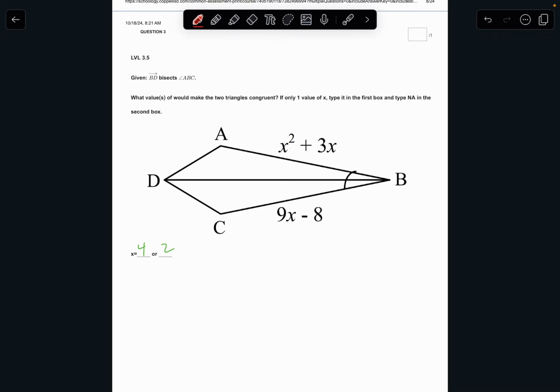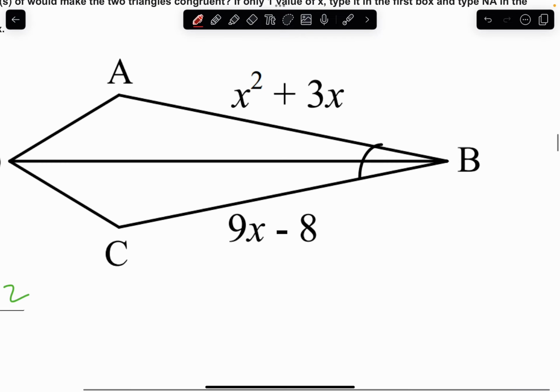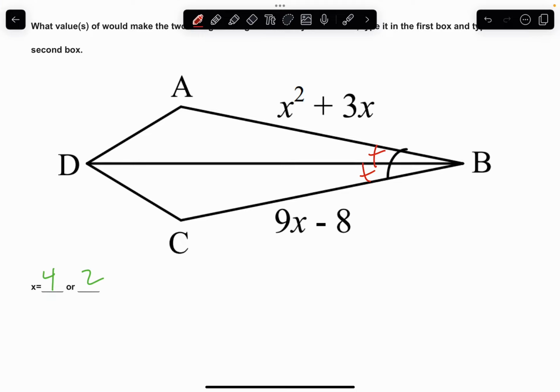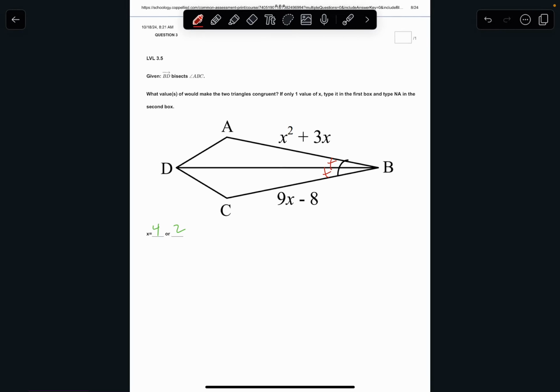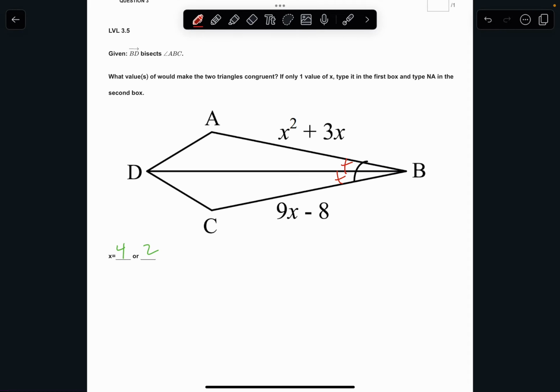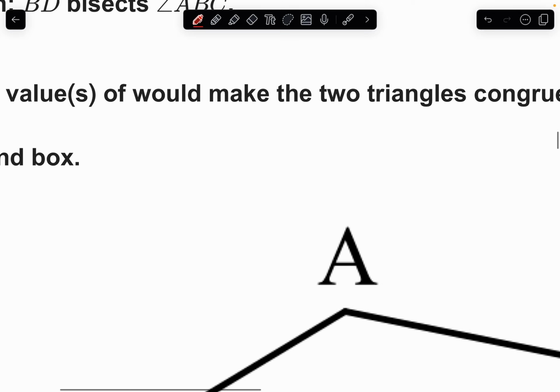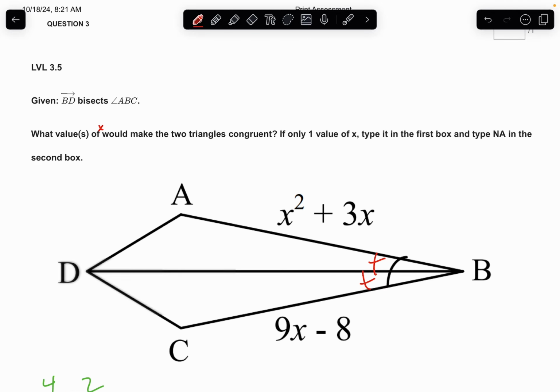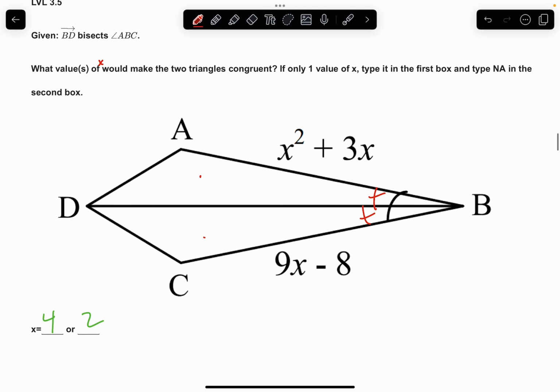All right, this one says that BD bisects angle ABC. So we're not writing a proof, but I just need to mark it. Those two angles would have to be equal. And what values of X would make the two triangles congruent? Well, they have a shared side.